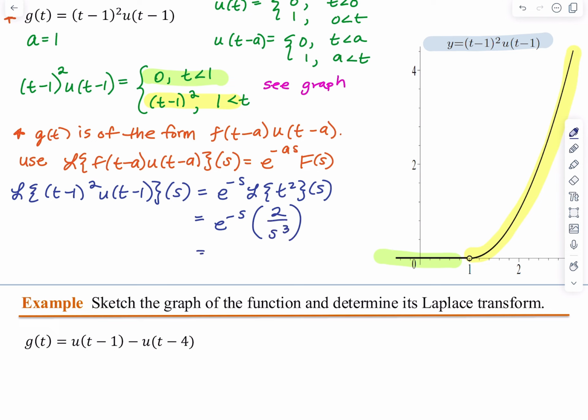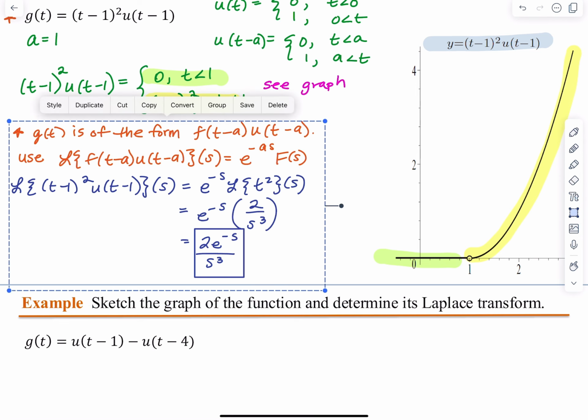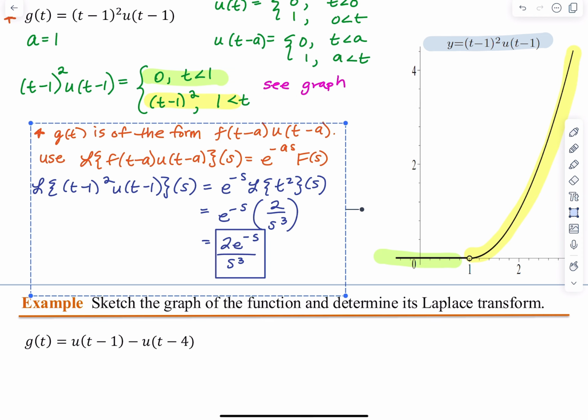So we have 2e to the negative s all over s cubed. There we have it. Let's take a look at our next problem.